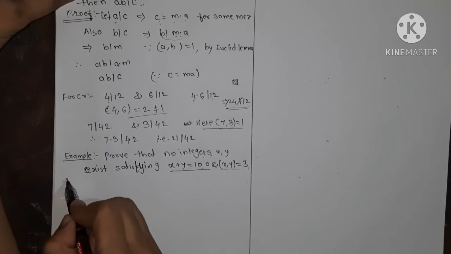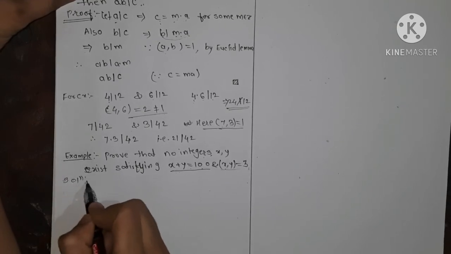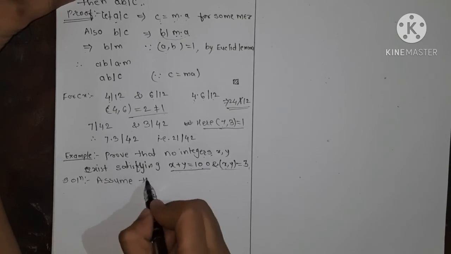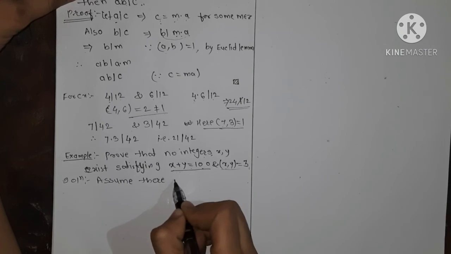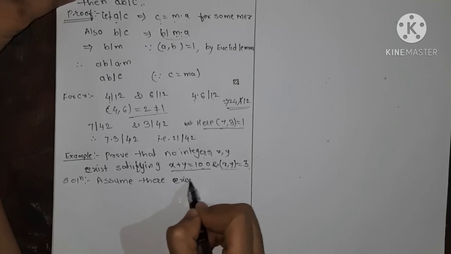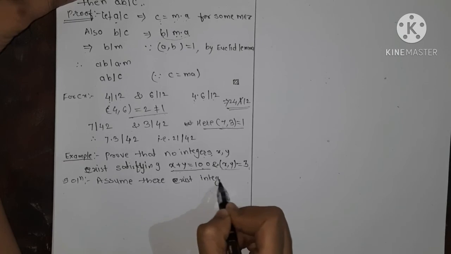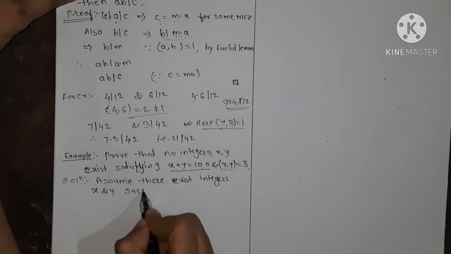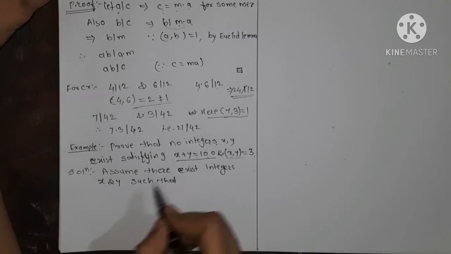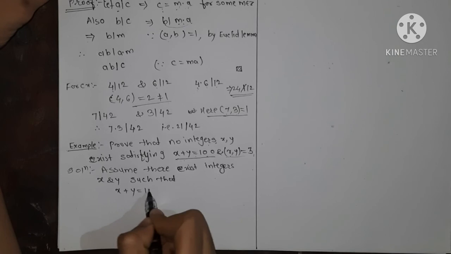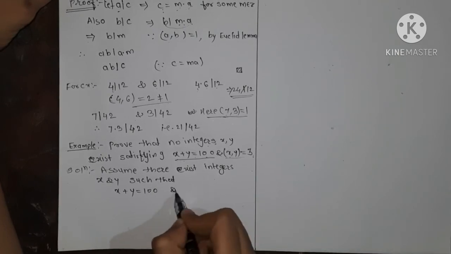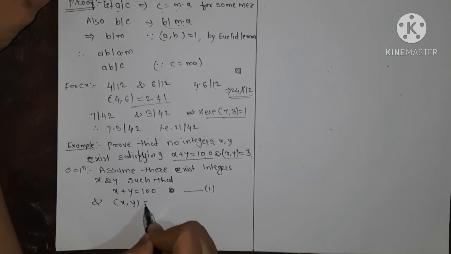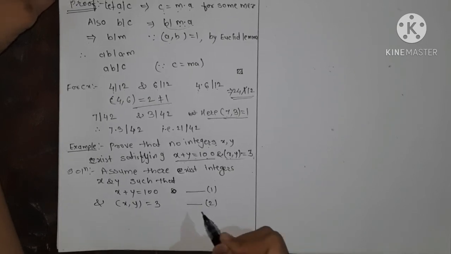So for the solution, we assume there exist integers x and y such that x plus y equals 100, which we give as equation number 1, and GCD of x comma y equals 3, which we give as equation number 2.